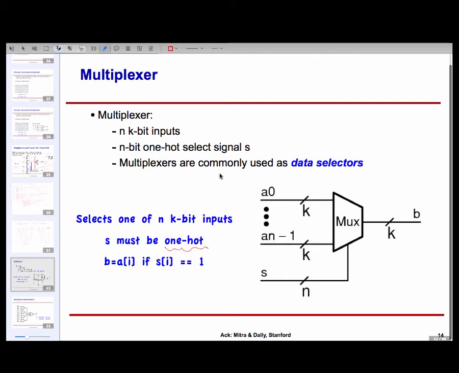Did we see some module which can help us do that? Decoder, exactly. So I have encoded S, first the decoder, then we get the one-hot coded S, and then we use this multiplexer.